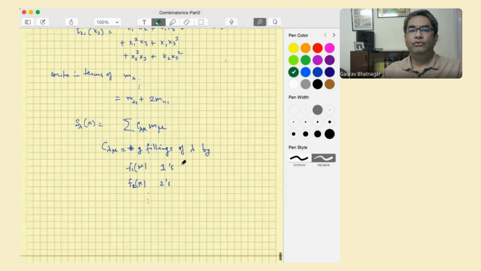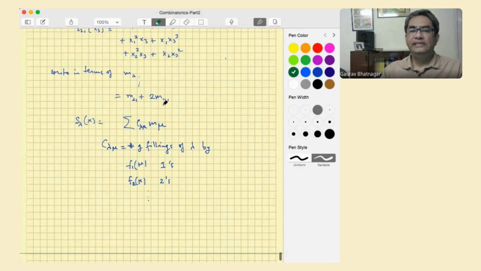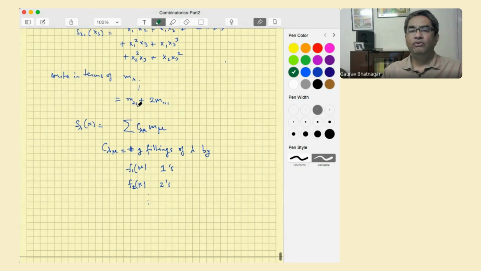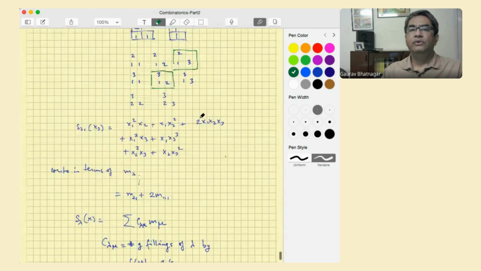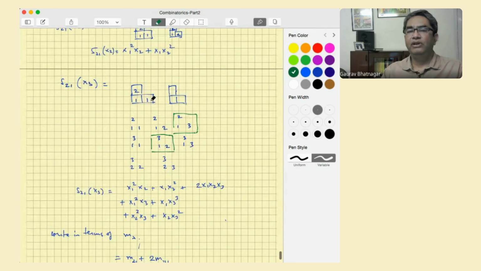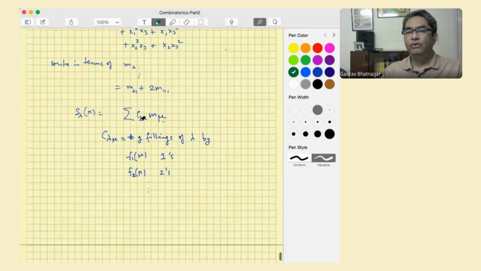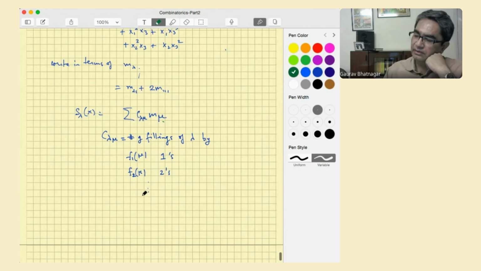And that will give you the coefficient of M111. So the number of ones, number of twos, number of threes are determined by this mu. So number of ones is 1 here, number of twos is 1 here. So how many fillings are there? Exactly one filling. With this filling, you take all the monomial symmetric functions. Very, very simple and easy formula to remember.